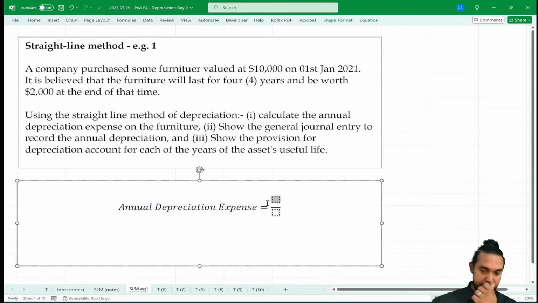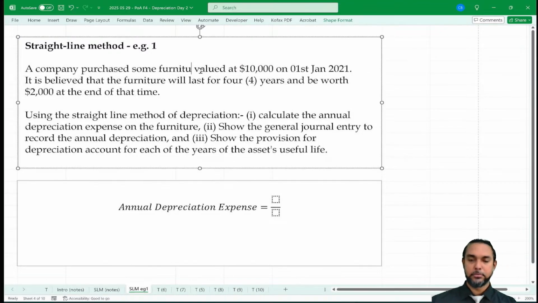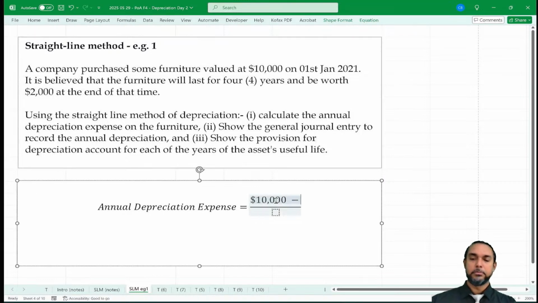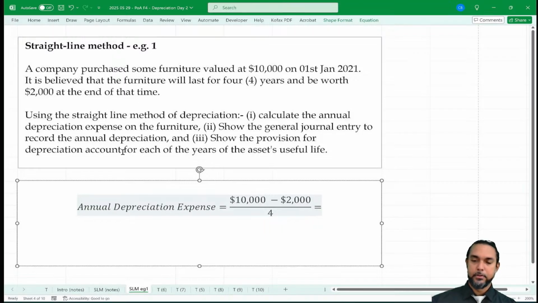Okay, so what is the formula? Formula is cost of the asset, which is 10,000 minus the scrap or residual value, which is 2,000, divided by the number of years, which is 4.